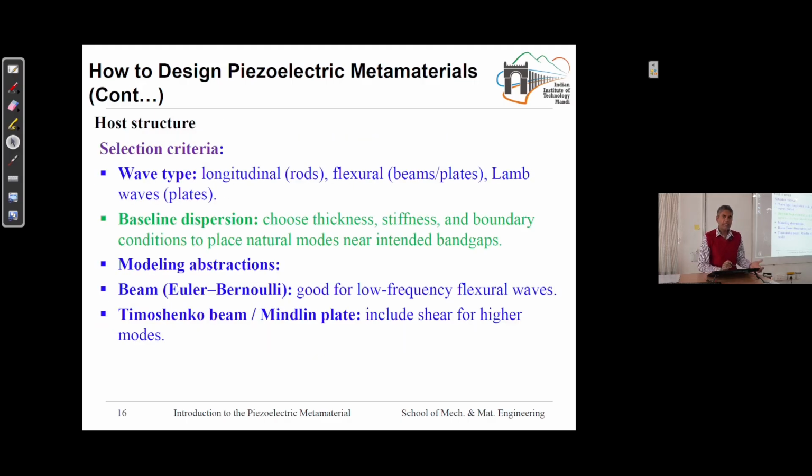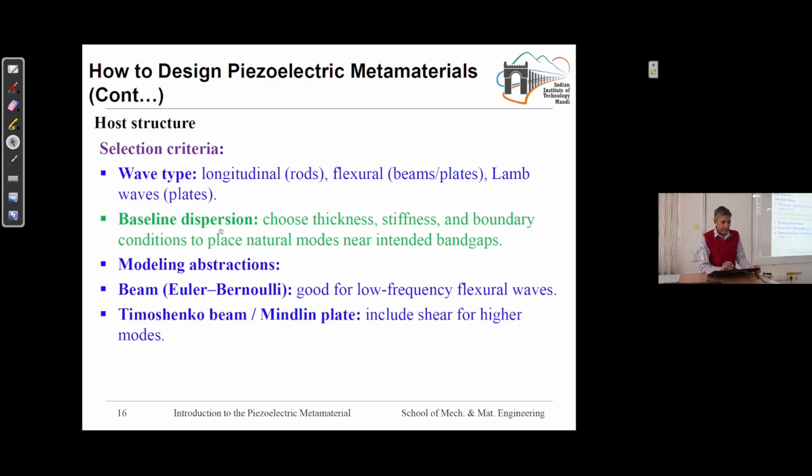Then the host structure depends on the wave type. If you have a longitudinal wave, then we can use a rod. If we have a flexural wave, then we can use a beam or plate. If we have a Lamb wave, then we can use plates again. Sometimes we can also use a shell.